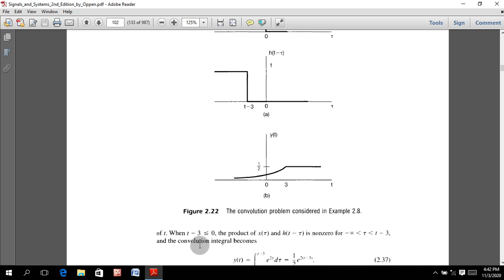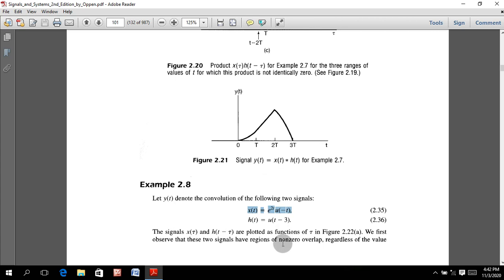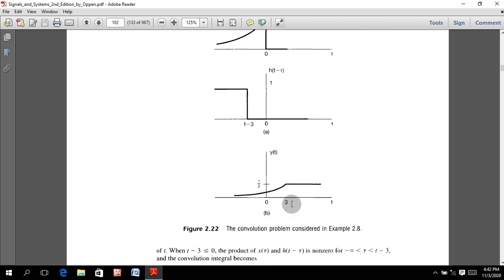When t minus 3 is less than or equal to 0, the product of x(tau) and h(t minus tau) is non-zero. The value of t minus 3 should be less than or equal to 0. Without that we cannot realize the function given here as the impulse response, which is the step function u(t minus 3).